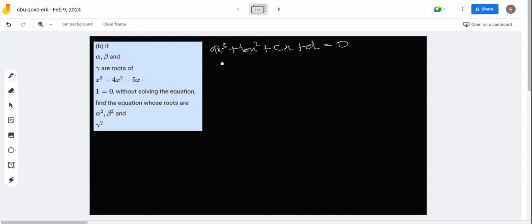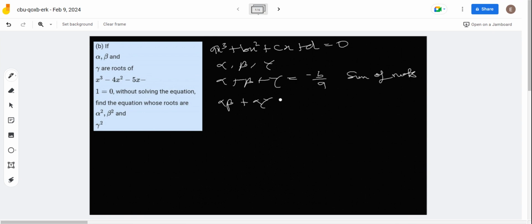If the roots are alpha, beta, and gamma, then the sum of the roots, alpha plus beta plus gamma, can be obtained by using minus b over a. Then we have the sum of product pairs, which are alpha beta, alpha gamma, and beta gamma.